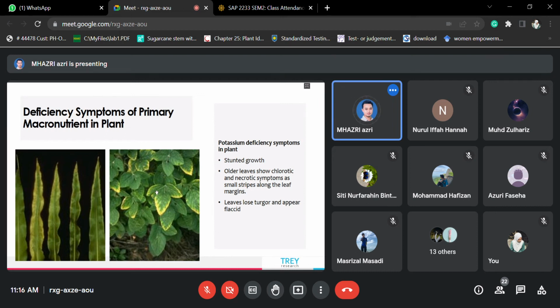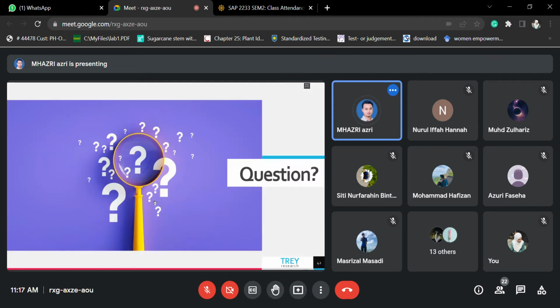And eventually sebab tak ada air, metabolic process tak boleh berlaku, sel tu mati, dia akan menghasilkan chlorotic and necrotic symptoms. Okay, so faham? Each different symptom usually dia akan berkait rapat dengan physiological functions of the elements. Okay, any questions? Ini baru lecture minggu lepas, tak masuk lagi lecture minggu ni.